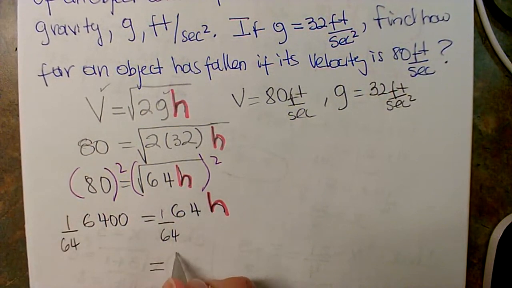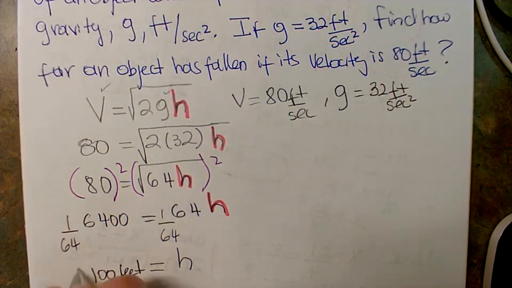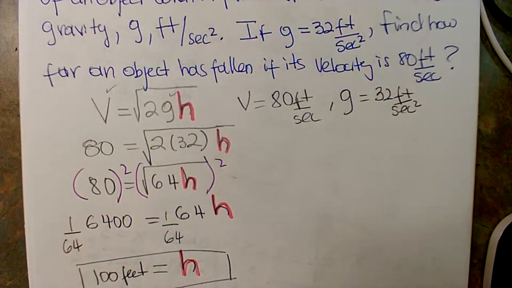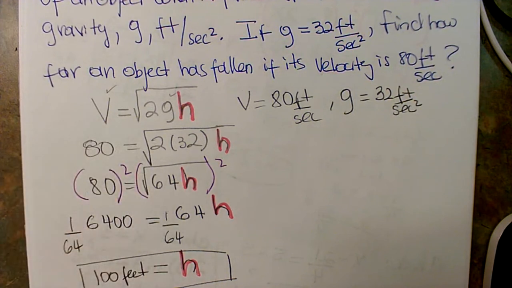So h is equal to what? To 100 feet. All of the terms were given. We just needed to find the height. In order to do that, I need to square both sides to get rid of the square root or the radical side.